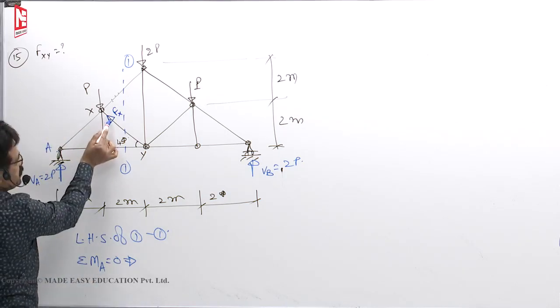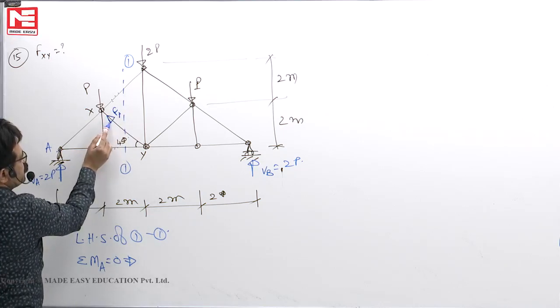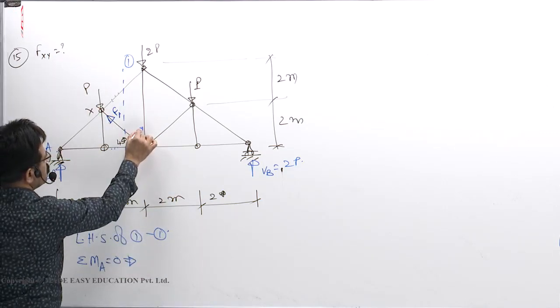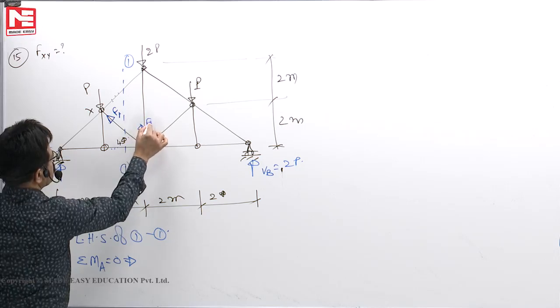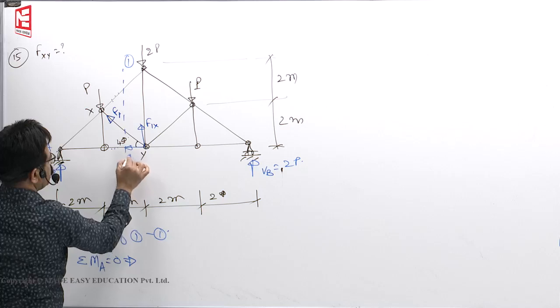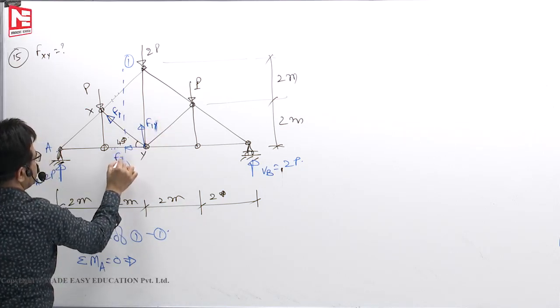Now where to replace this Fx, or F1 we will call it. This force I can replace wherever I want from the principle of transmissibility. So if I keep it here, this is F1x, this is F1y.